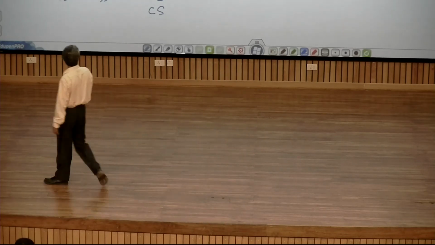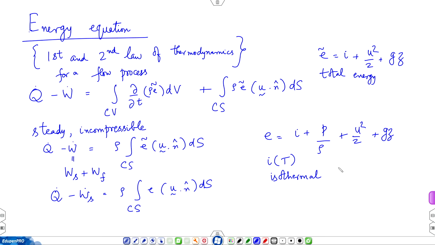Okay, so, if the flow process is isothermal, then you do not have to carry I with you, and we redefine E as P over rho plus U square over 2 plus G z. Now, strictly speaking, this U should be written as vector U, but in most of the problems we are talking about unidirectional flow. So, probably I should show vector U in the original definition and then here.